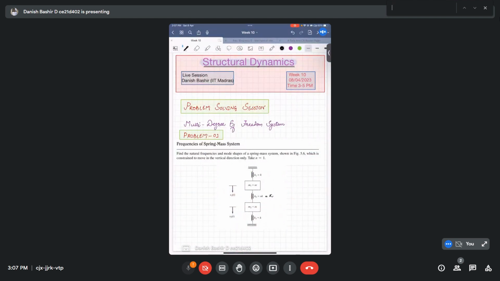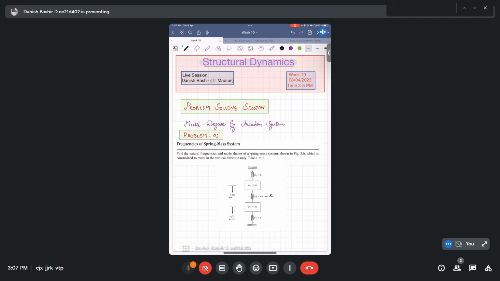So we have three springs and two masses, and there are 2 degrees of freedom. Here you can see x1 of t and x2 of t. Since only two independent displacements are required to express all the inertial effects of this system, we can treat this system as 2 degree of freedom.